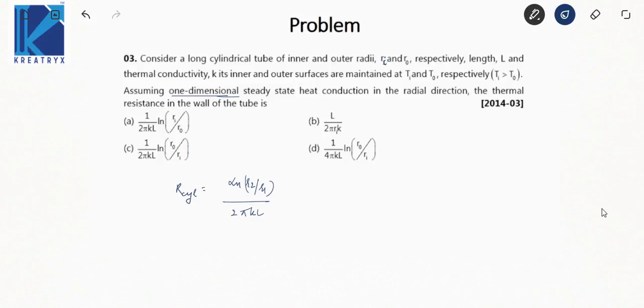Here R2 is R0 and R1 is Ri, so the resistance offered by this cylindrical tube is equal to Ln R0 by Ri upon 2 pi KL, which is option C. So C will be the answer. You see that direct formula-based questions have also been asked in GATE, so your formulas should be on your fingertips.